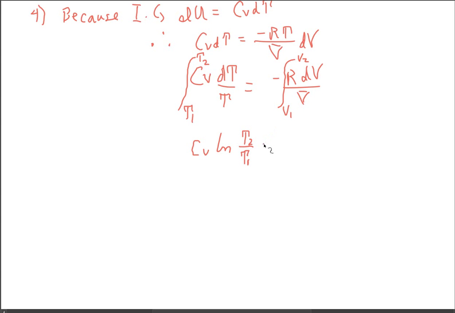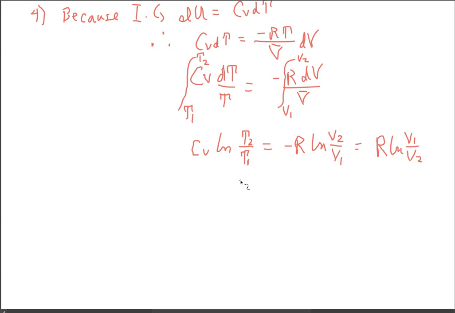And you might need to review logarithms in general unless your math is fairly solid in that area. So then we're going to have minus R times the log of V2 over V1. And you will note that I can simply switch this sign and get plus R times the log of V1 over V2.